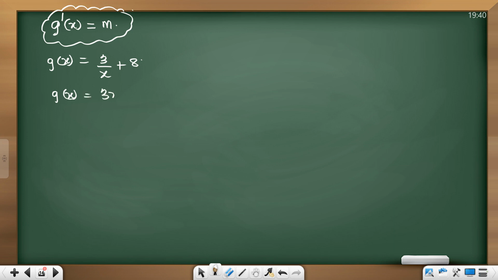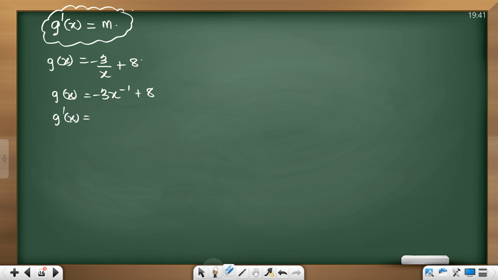So we write 3x to the power of negative 1 plus 8. Now, what is the g prime of x? Negative 3. So this gives us a positive, right?